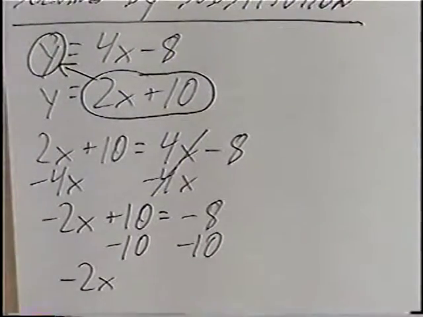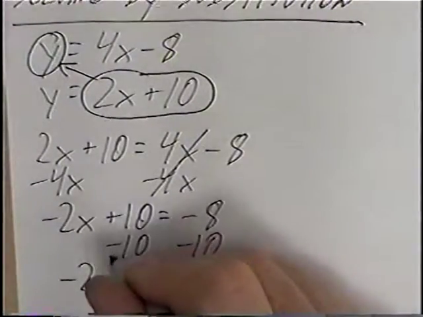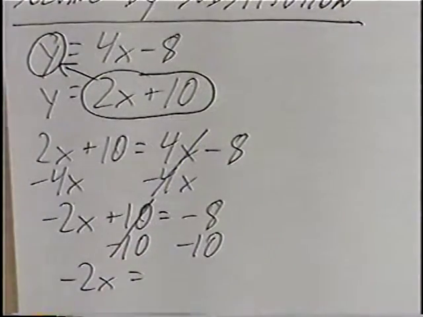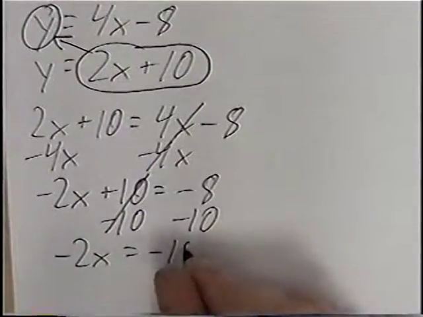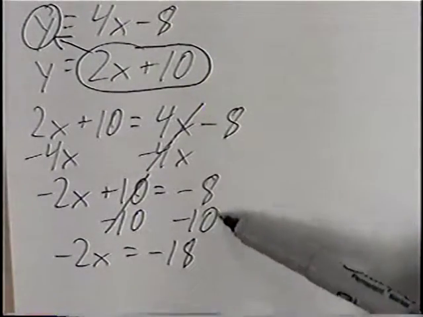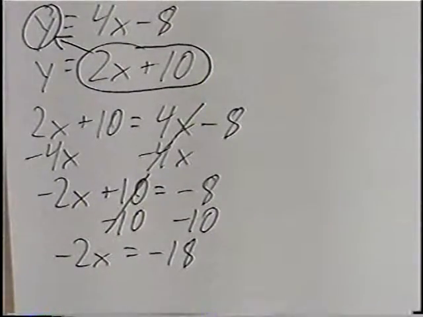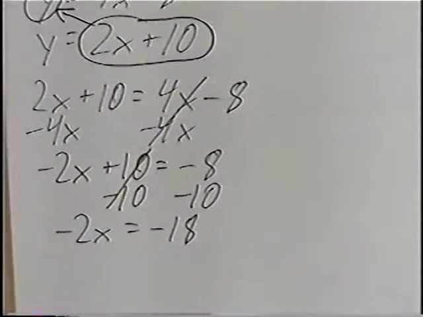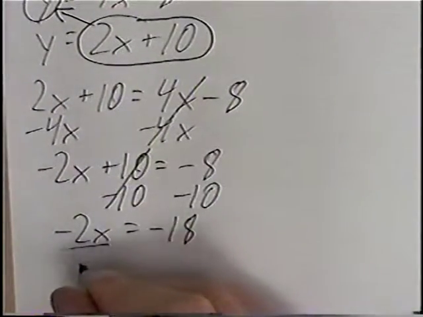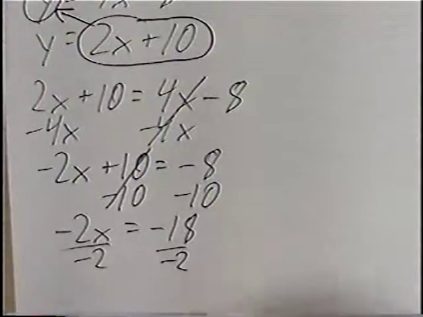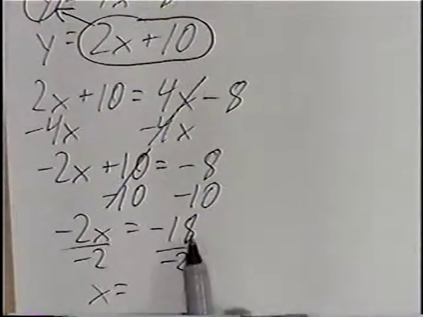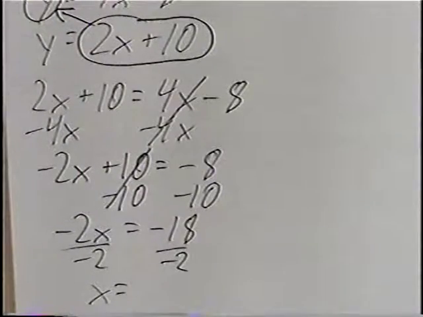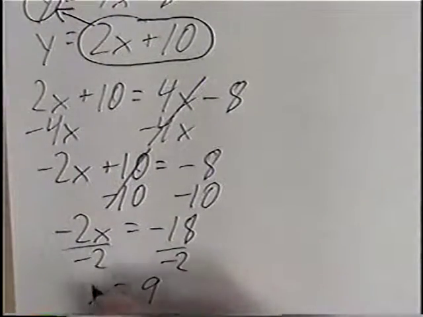So we'll be left with negative 2x equals, the 10's cancel, negative 8 minus 10 would be negative 18. When you have the same signs, we'll add those and keep the sign negative. And last part, we can divide by negative 2. And we get our first answer, x equals negative 18 divided by negative 2 would be positive 9.